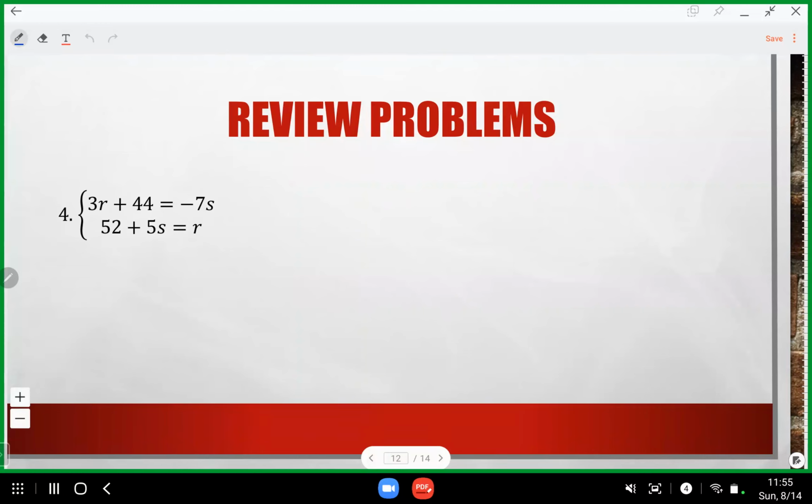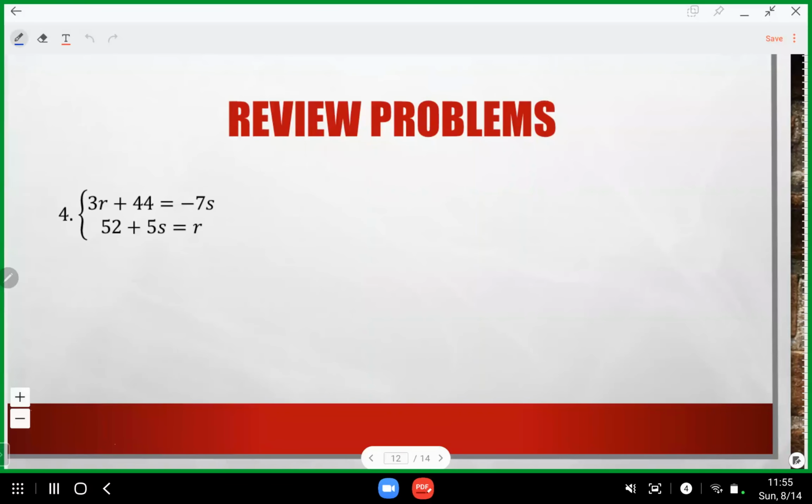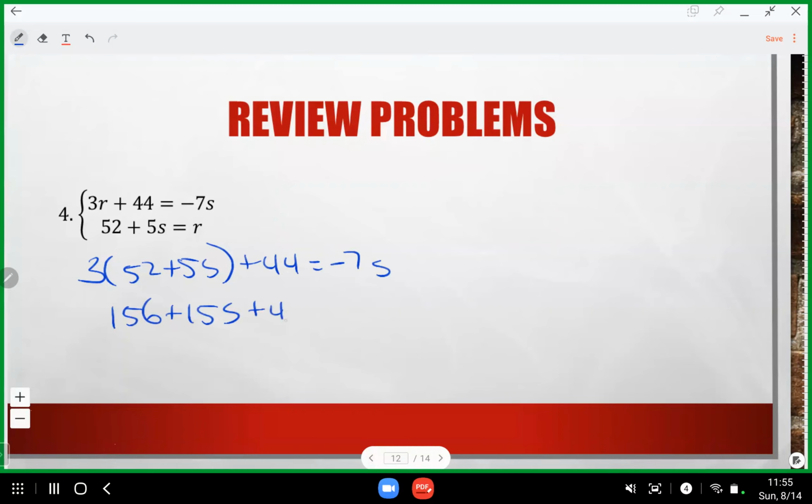All right, let's go over this. For this one, we can just use substitution because we already know what r is. You get 156 plus 15s plus 44 is going to be equal to negative 7s.